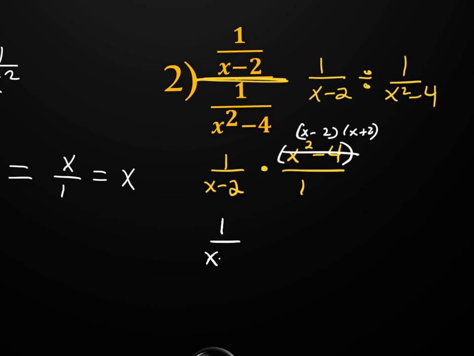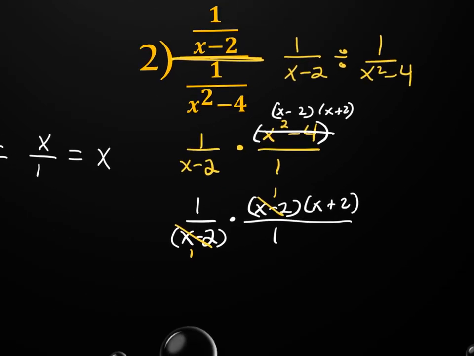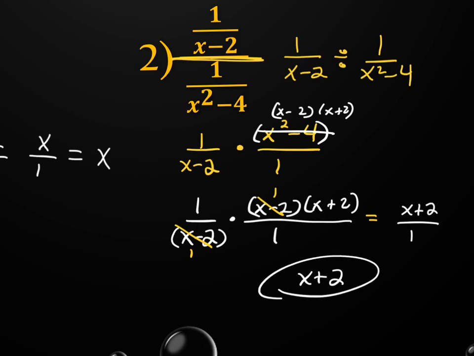So 1 over x minus 2 times the factored difference of two squares. And now I look for things to simplify. So I can simplify my x minus 2's. They become 1's. And now I multiply what remains. So in the numerator, it's 1 times x plus 2. And in the denominator, 1 times 1. And again, it simplifies to x plus 2.